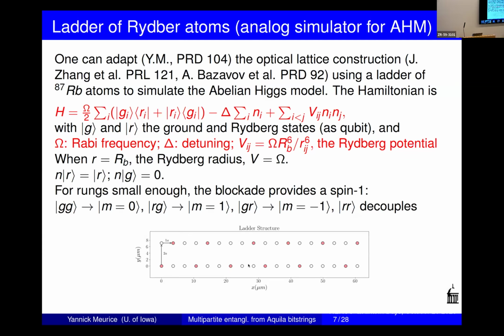At the beginning of the construction, I assumed that they were very close to each other, so the blockade would be absolute, but then we relaxed the scheme a little bit. The scheme is: m=0 is the ground state, and the ground-Rydberg and Rydberg-ground states are the plus or minus 1. So this is an analog system.